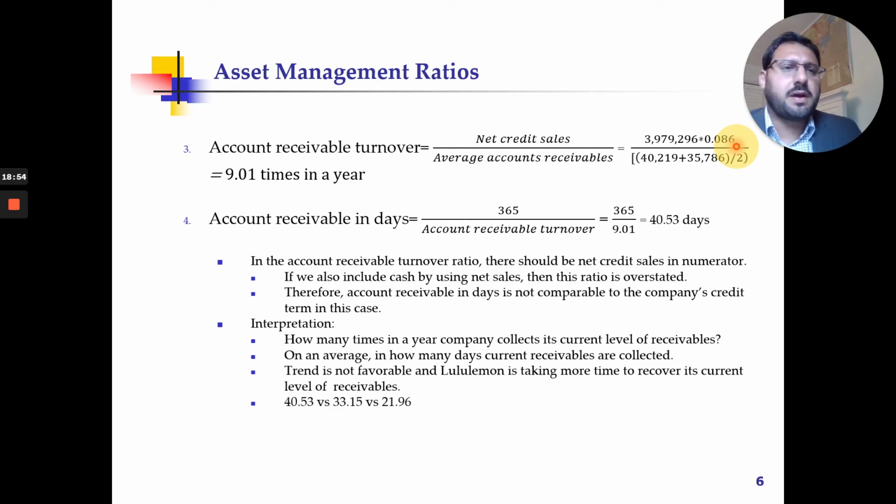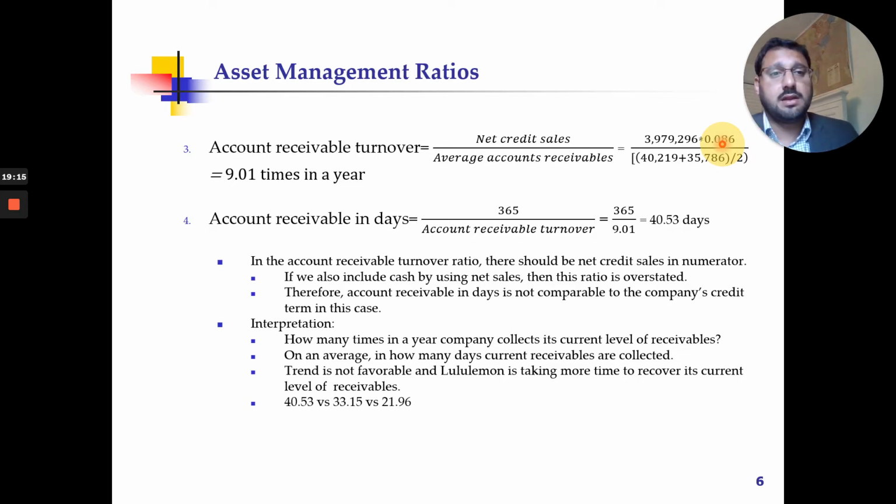Like their product price is 100, 200, and people pay them through credit card or cash. But when they sell in bulk, and they might be selling hundreds of thousands of dollars to warehouses or to other businesses, those sales are usually on credit basis.